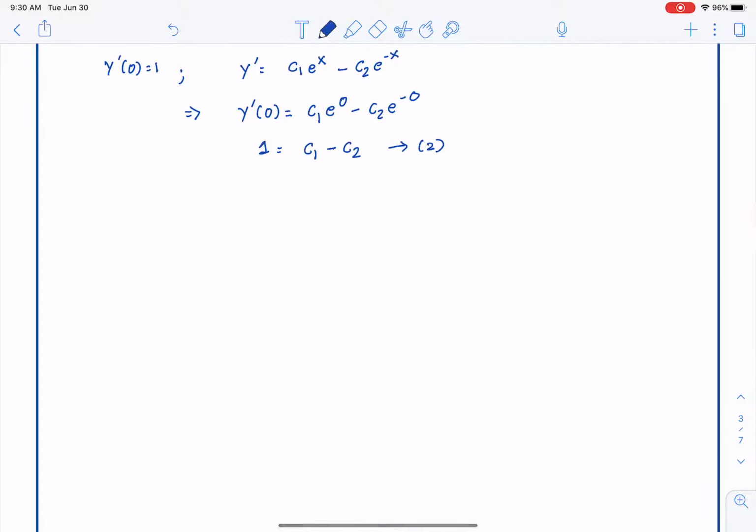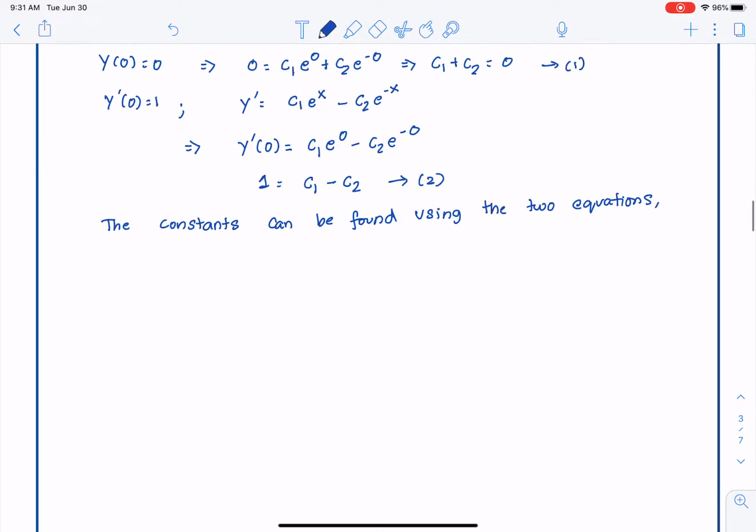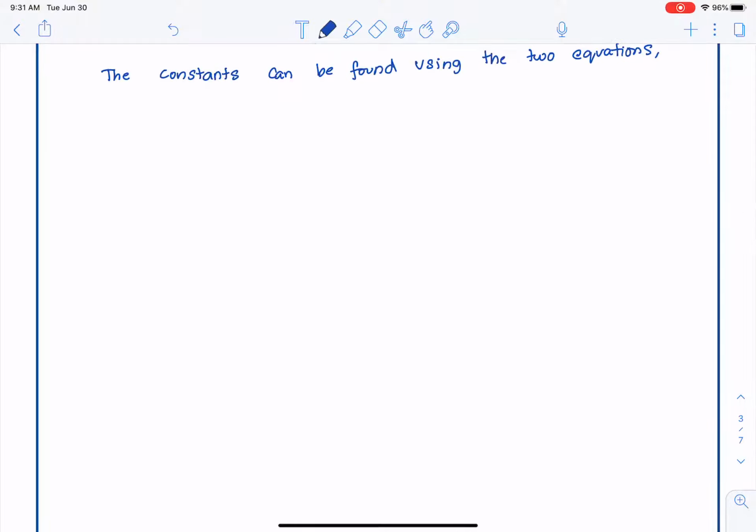So the constants can be found using the two equations. Going back to algebra, this would form a linear system of equations. So we have c1 plus c2 equals 0, c1 minus c2 equals 1.